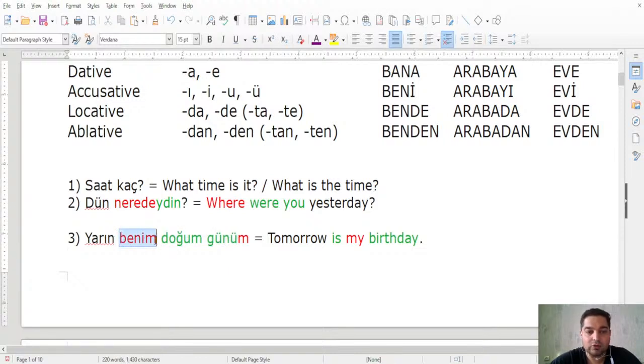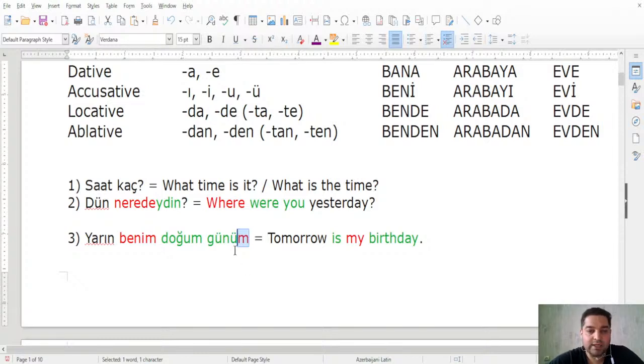So in benim, this my part is also reflected here in günüm. That M is also the reflection. If you omit benim, for example if you say yarın doğum günüm, that is still valid, because this M already denotes that it's my.